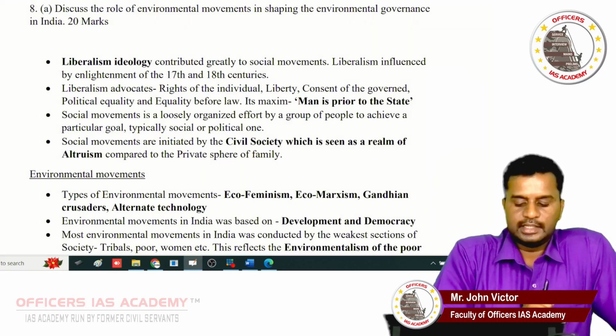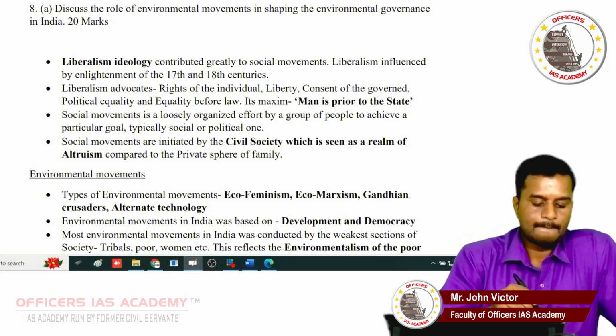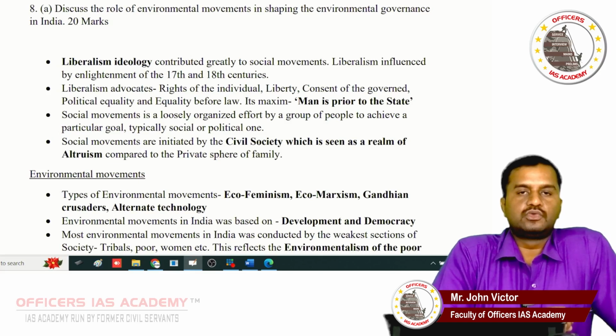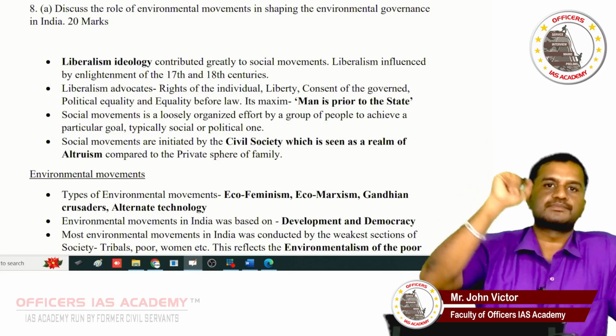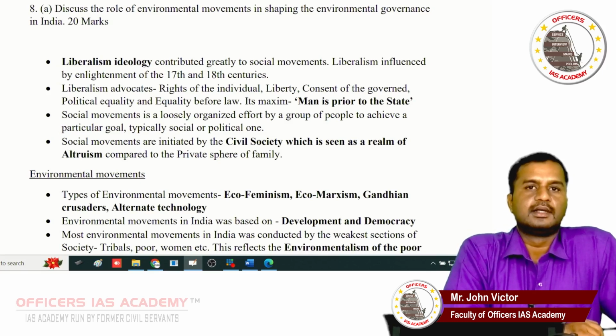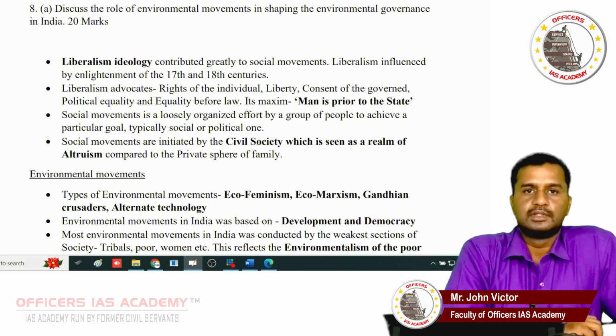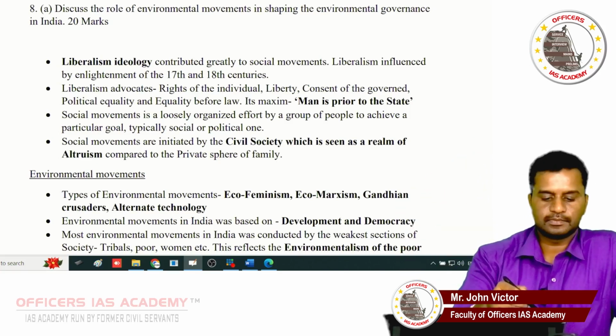Question number 8A. Discuss the role of environmental movements in shaping the environmental governance in India. Once again, you have to touch Section A. Associated concepts are liberalism, man is prior to state, deliberative democracy, civil society. So touch on these and then come to the Indian perspective.